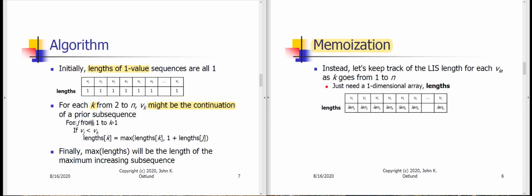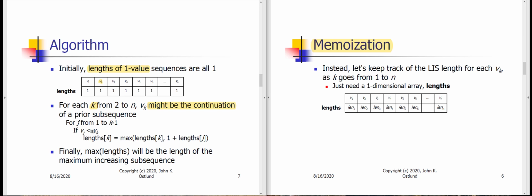Okay, so for each value of k, let's start with k equal to 2, we're going to use another loop counting up to but not including k, and we're going to compare each of those values prior to v sub k to see whether it's less than v sub k or not.